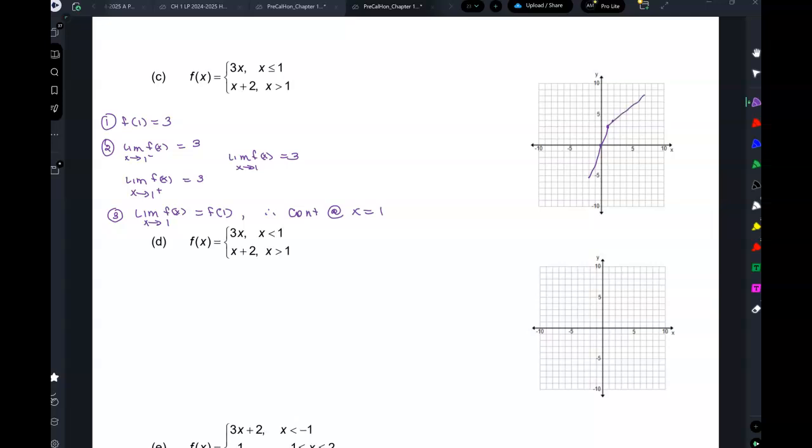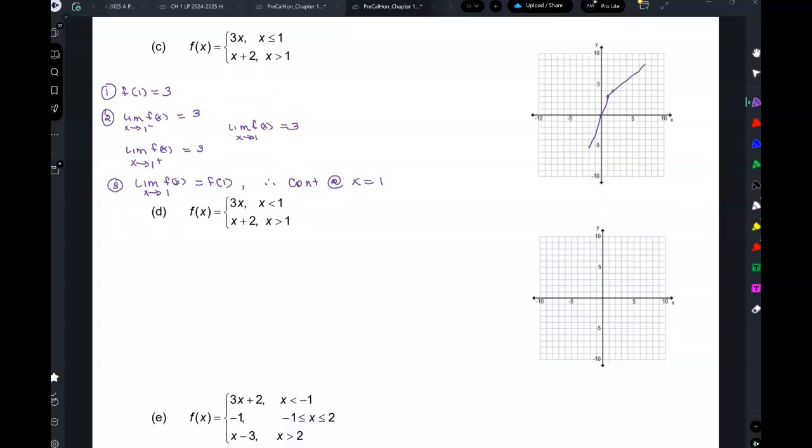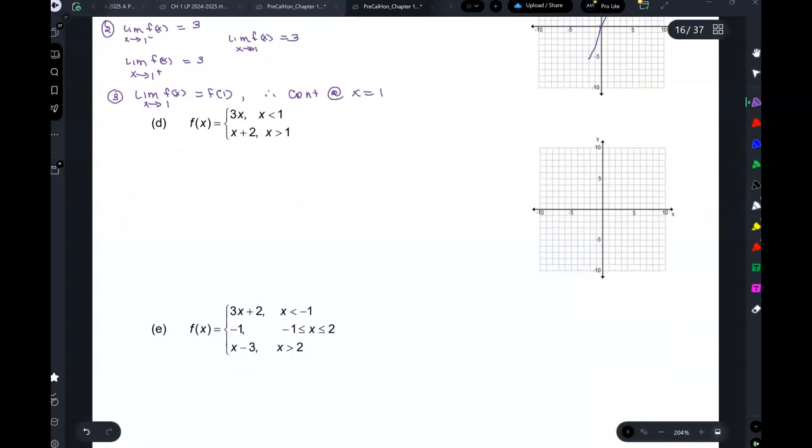Right? So this is continuous. Okay. All right. Take a look at this one. Number 1. What's f of 1? It's undefined because it's all open circles. Okay? But what if I asked you for the limit?